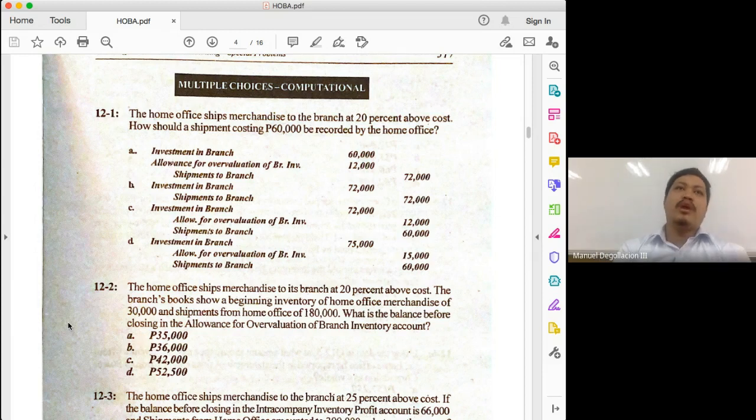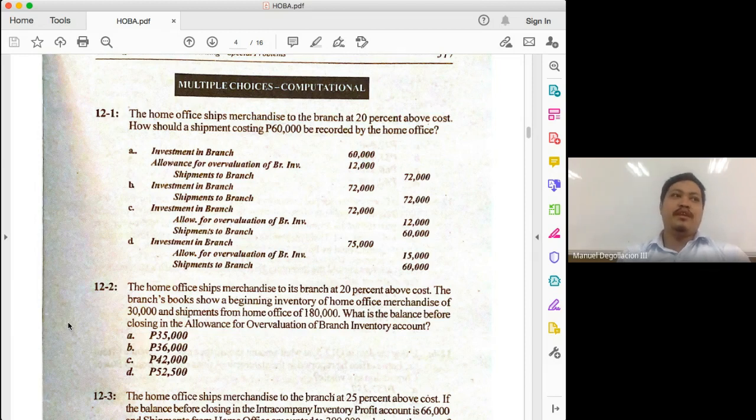Okay, this is one way for the home office, class, to make sure that the branch is profitable. So that even though the branch operations will yield only small profit, class, it would not be a big problem because in the first place, the inventory of the branch is already bloated. Okay, the home office already jacked up the prices that are considered as cost by the branch.